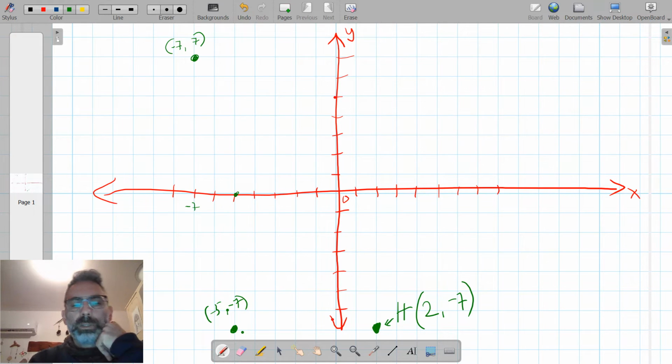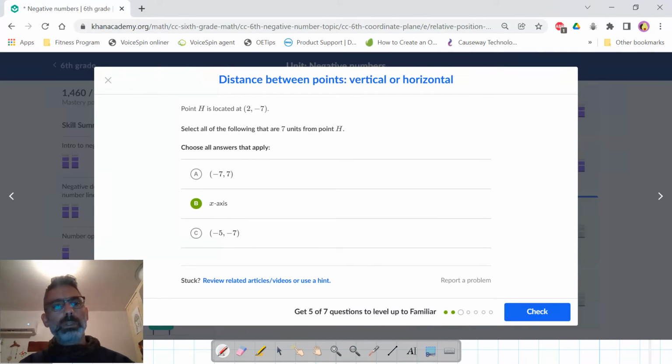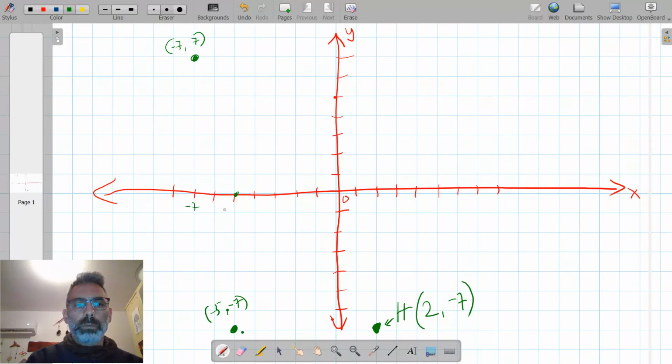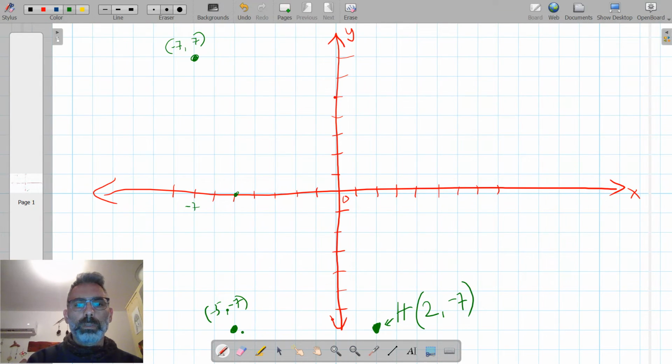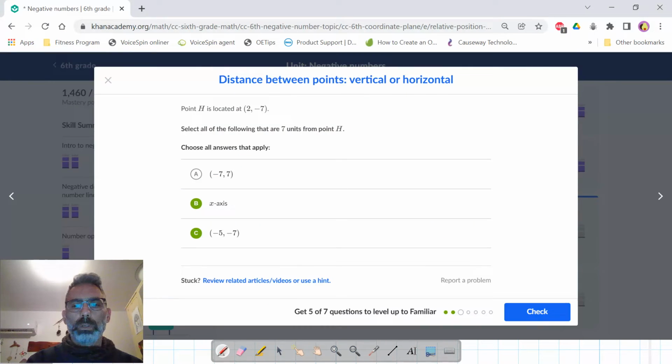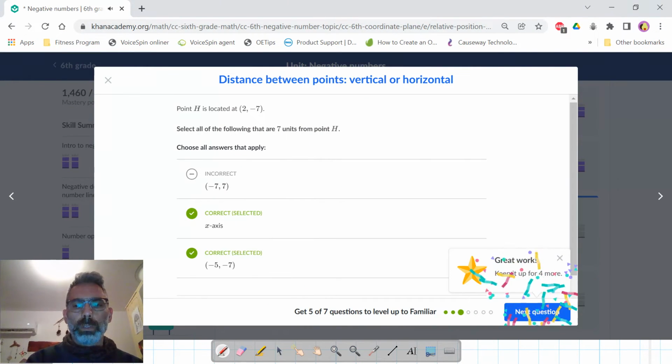So the distance along the horizontal line is 7 units. So this is also correct. Negative 5, negative 7, and this is positive 2. Okay, so this is also correct.